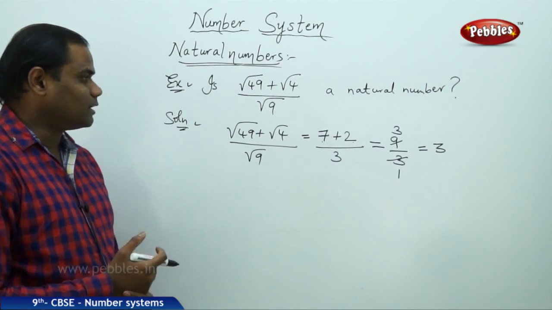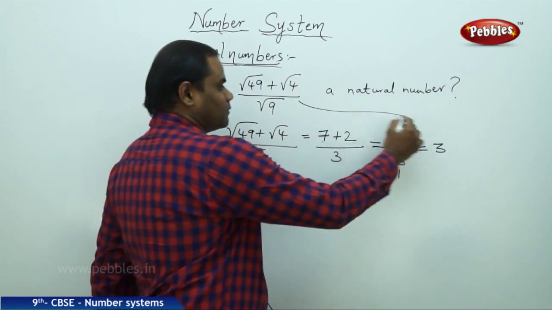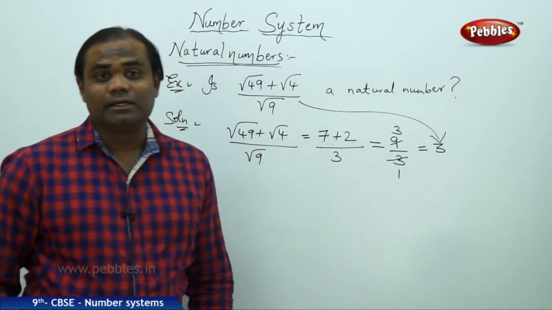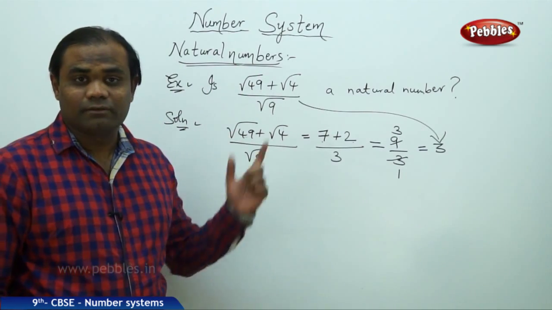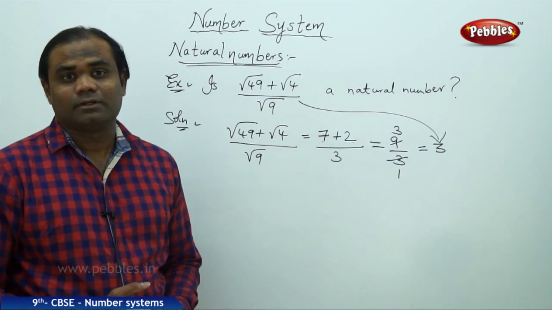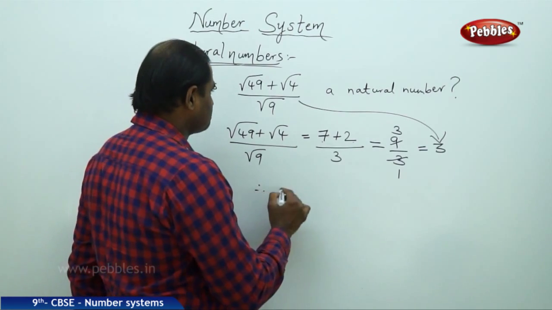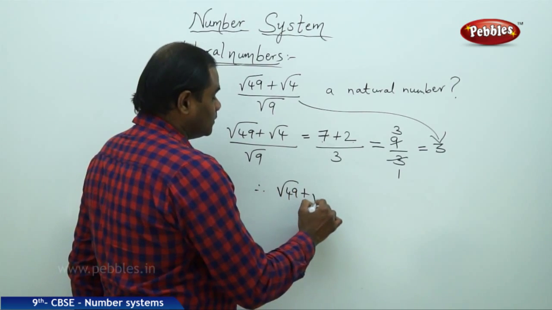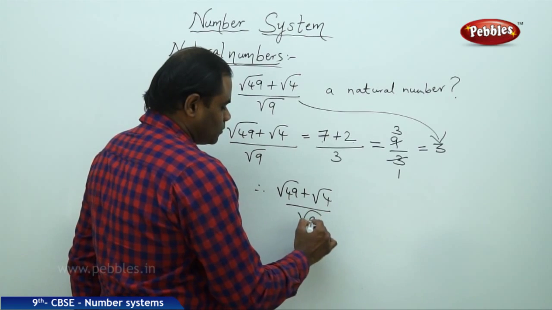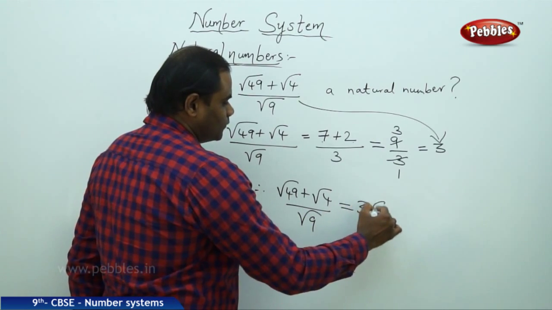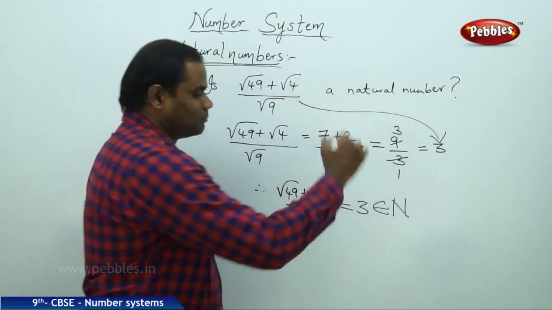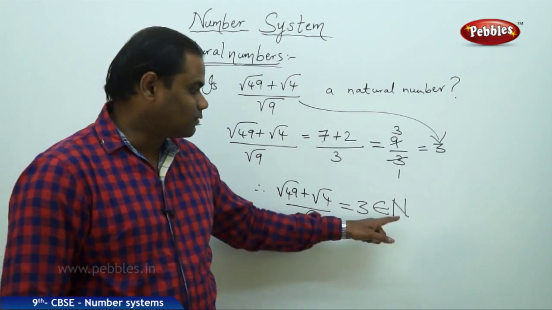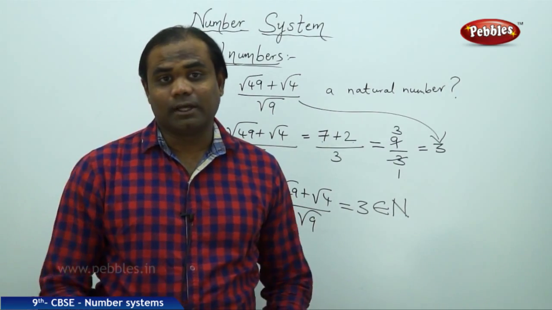So the most simplified answer for this is 3, and which is clearly a natural number. Therefore, the given number is a natural number. Therefore, root 49 plus root 4 by root 9 is 3, which is clearly a natural number, belongs to the set of natural numbers, capital N.